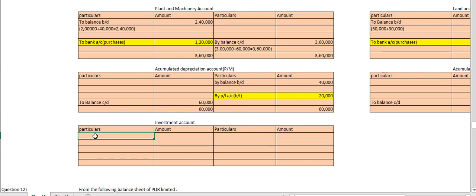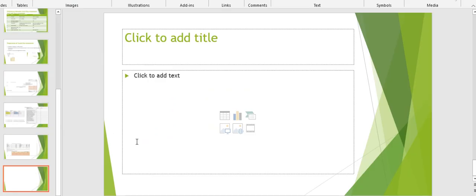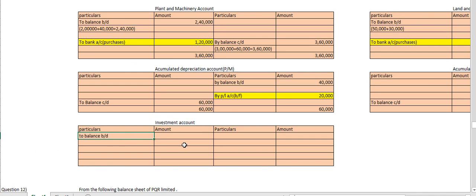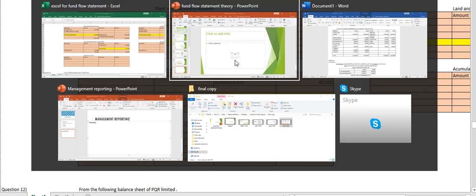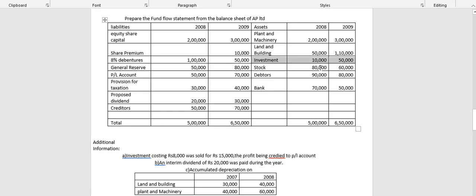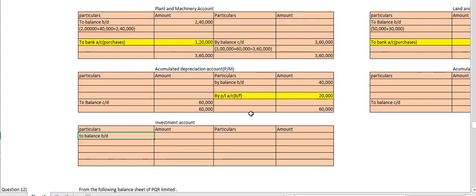Investment also is an asset account, so it will have a debit balance, to balance brought down, which is for 10,000 and 50,000 respectively.